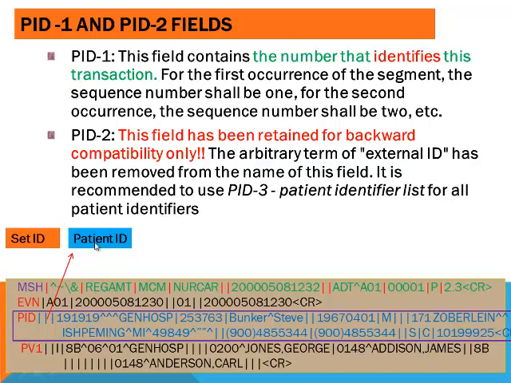If you fill it in, it means the external ID in the old version. Currently, we recommend using PID3 for all patient identifiers. So after version 2.4, we don't need to use the patient ID PID2 field.